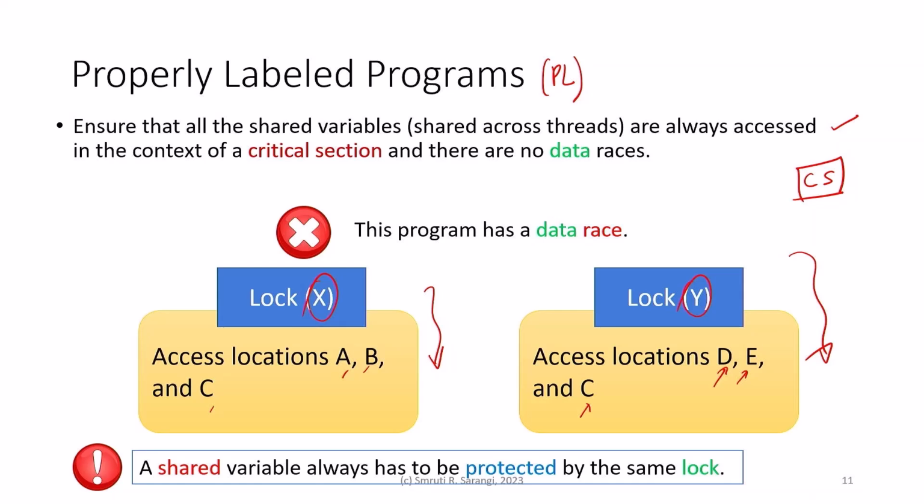So a data race in itself is probabilistically error prone. And the point is that you want to eliminate them at the source, such that if there are no data races, there are no data race induced errors. For that, you properly label, and this example is not an example of proper labeling.